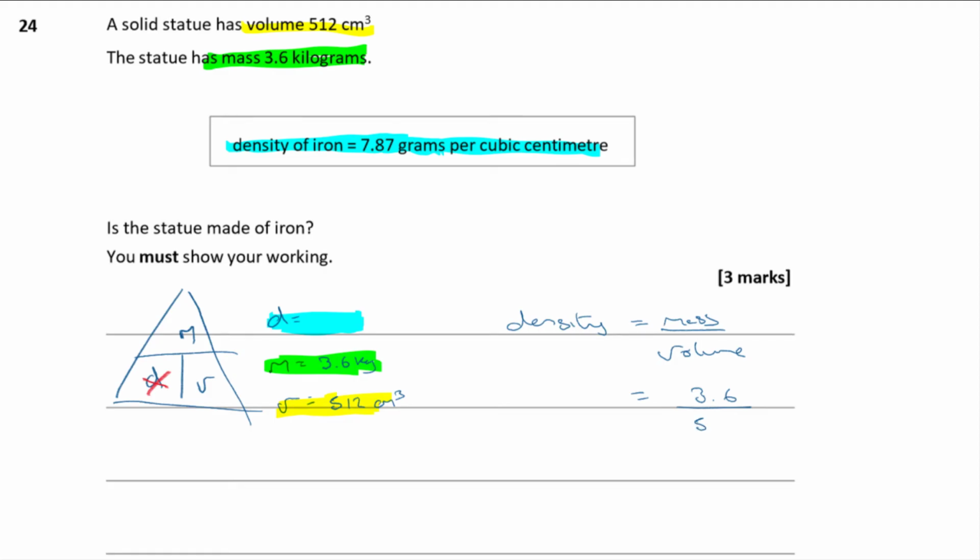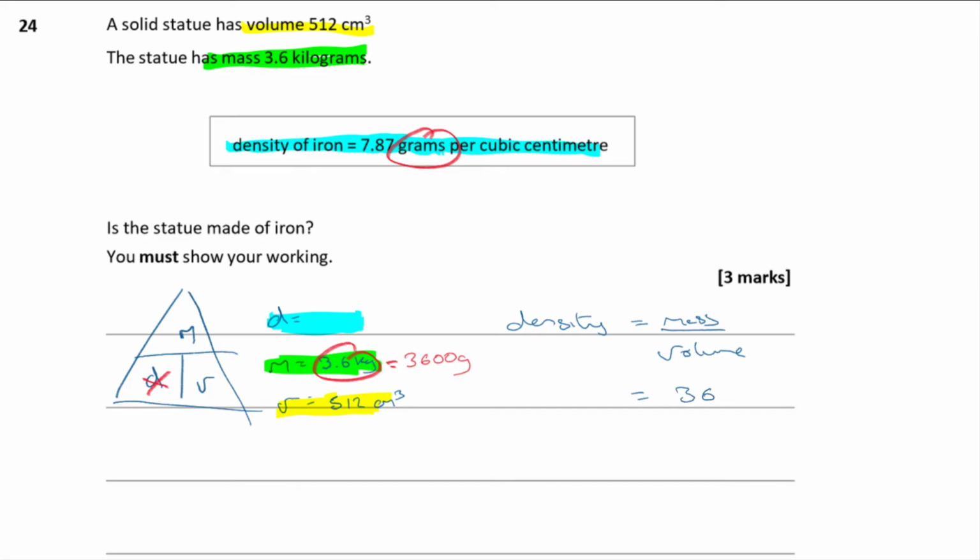Now, actually, before I do that, just noting that this is in grams per cubic centimeter, and currently this is in kilograms. So before I do this division, I'd probably be better off to change that unit first. So what is that in grams? That's going to be 3,600 grams, isn't it? Okay, so I'm going to use that so that I'm ending up in grams per cubic centimeter rather than kilograms per cubic centimeter.